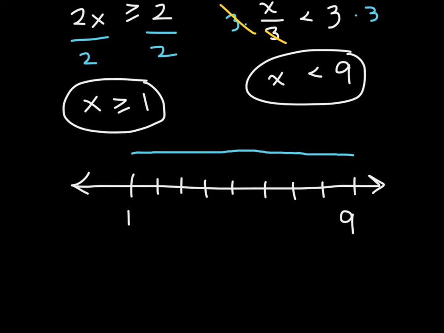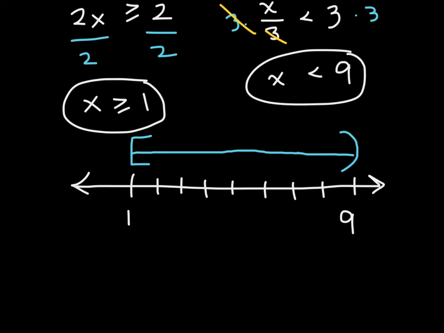I'm going to put a bracket on 1 because that inequality symbol is non-strict. I'll put a parenthesis on 9 because this inequality is strict. So basically, 1 makes it into the intersection, but 9 is not included in the intersection.